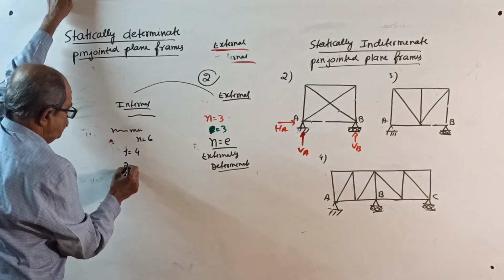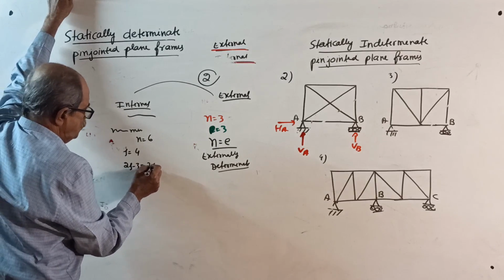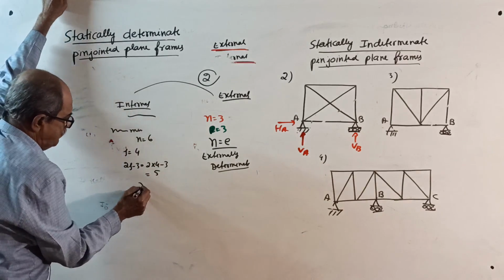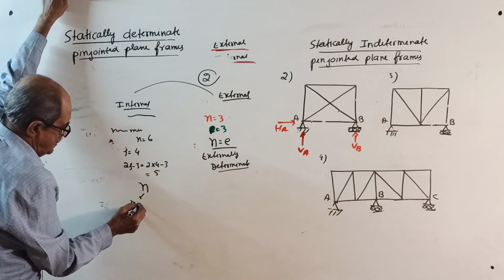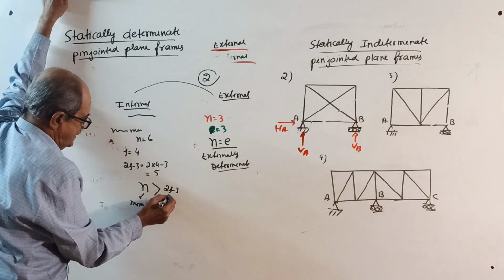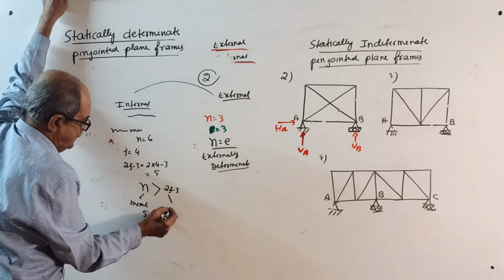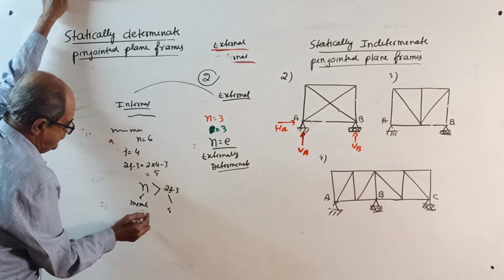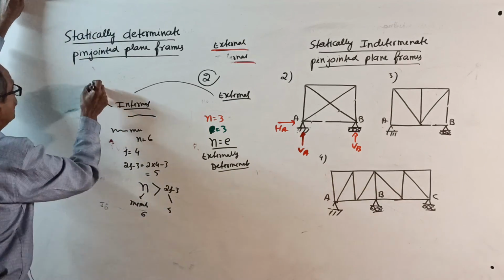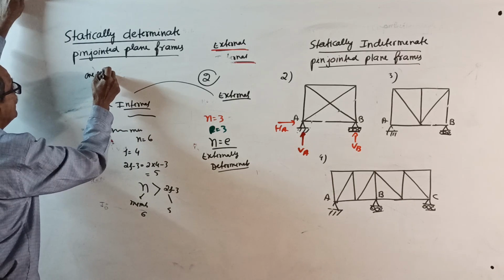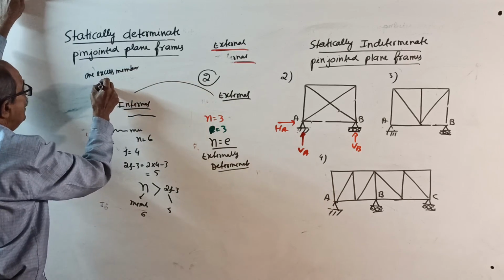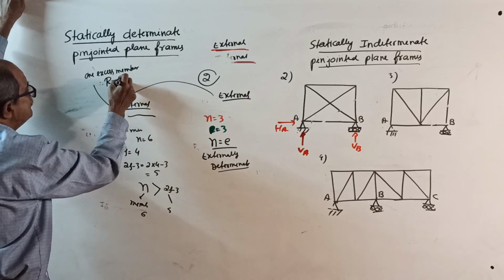So your 2j minus 3 is 2 into 4 minus 3, which is 5. So the number of members is more than 2j minus 3. That is 5, and this is 6. Therefore, it has one excess member, or it is redundant.